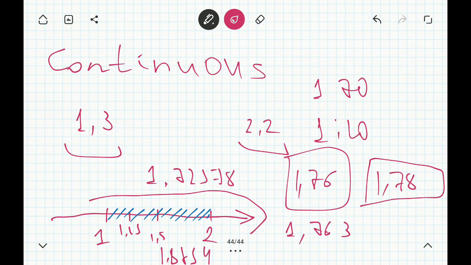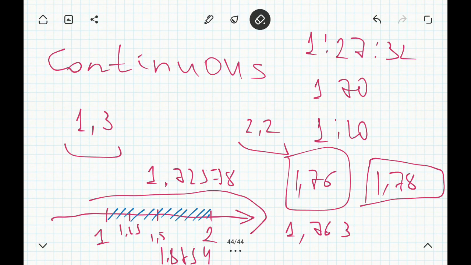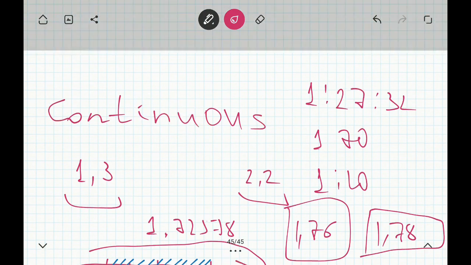And on almost no occasion you will say that you will come to campus at 1:27 and maybe 32 seconds. But still those differences are there. So that's our continuous variables. And those continuous variables pose a threat to our definition of probability.